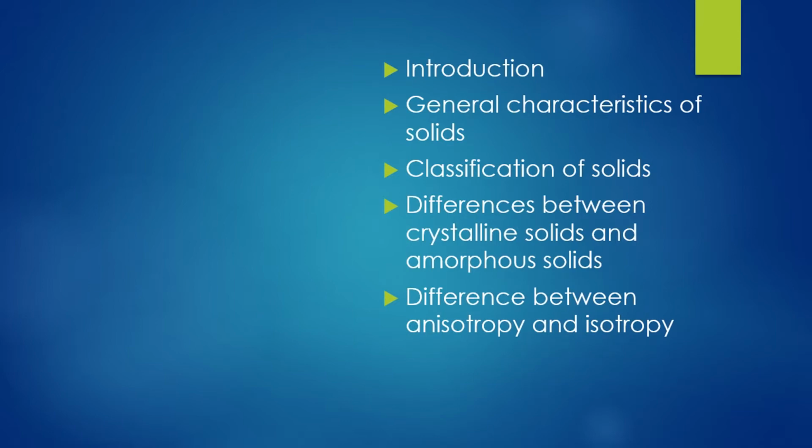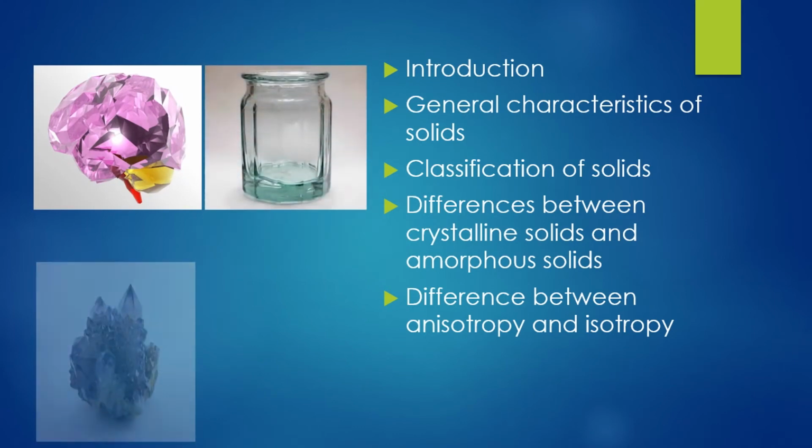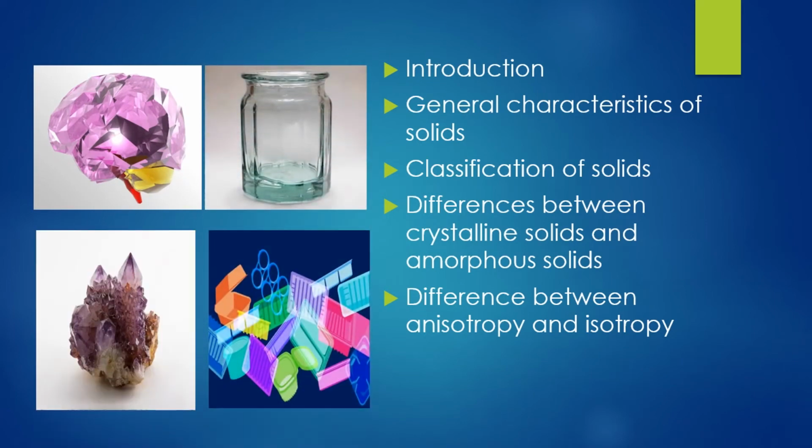Next it speaks about the difference between crystalline solids and amorphous solids. One of the important properties of the difference is anisotropy and isotropy. So this video will teach you about all these details. Let's move on to the next slide.